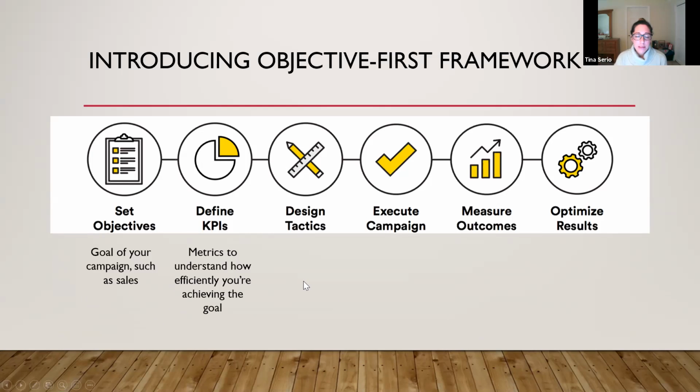Next, you're going to set your KPIs, your key performance indicators. This is going to be your metric for your campaign that's going to tell you if you're efficiently achieving your goal or if you're not. Once you set those two foundational items, you can start designing your tactics. This is how you're going to present your business to your customers via channels.